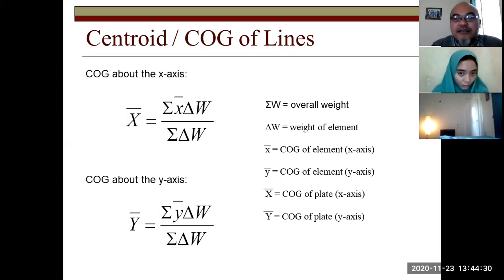So then we obtain the new centroid or center of gravity x coordinate. And similarly the y coordinate, we obtain about the x-axis. So the y coordinate equals sigma y upper bar delta W, the moment of each element of that line, divided by the total weight of that line.